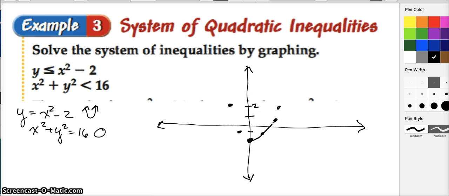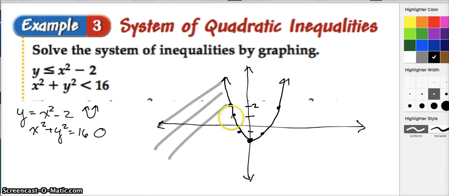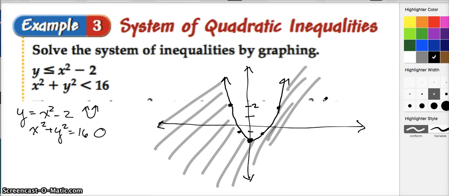And then so our graph should open up like that. Now, this is a solid parabola again because we do include the equal to, but we are shading downward. And so I'm going to get my pen here and kind of indicate that shading downward. So this is that representation of that part of the system.